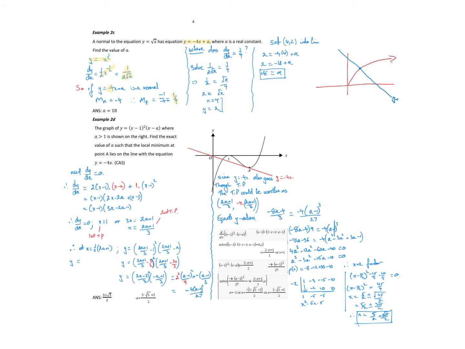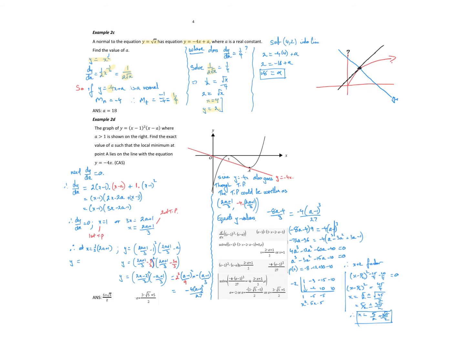What I'm trying to find now is, what tangent line does that correspond to? So I need to find that point there, and that way I can find a y-intercept. So if I solve 1 over 2 root x equal to 1/4, I get x is equal to 4. And if I put x equal to 4 into the equation y equals root x, I get y equal to 2.